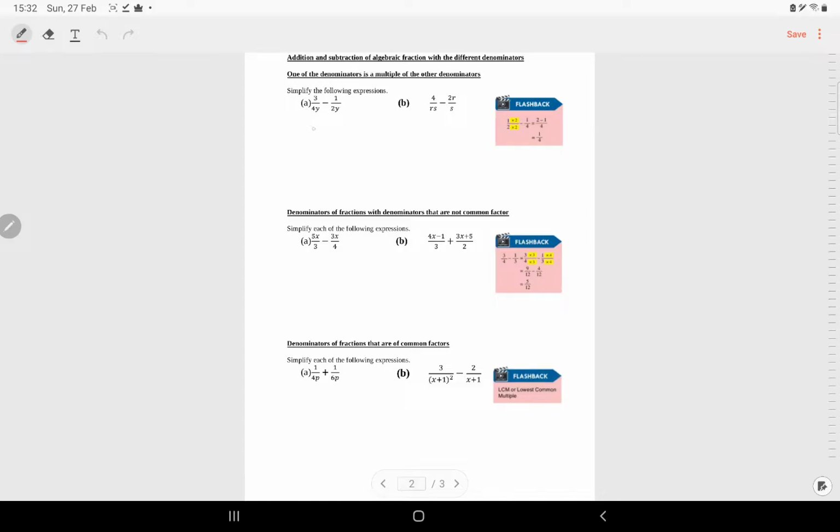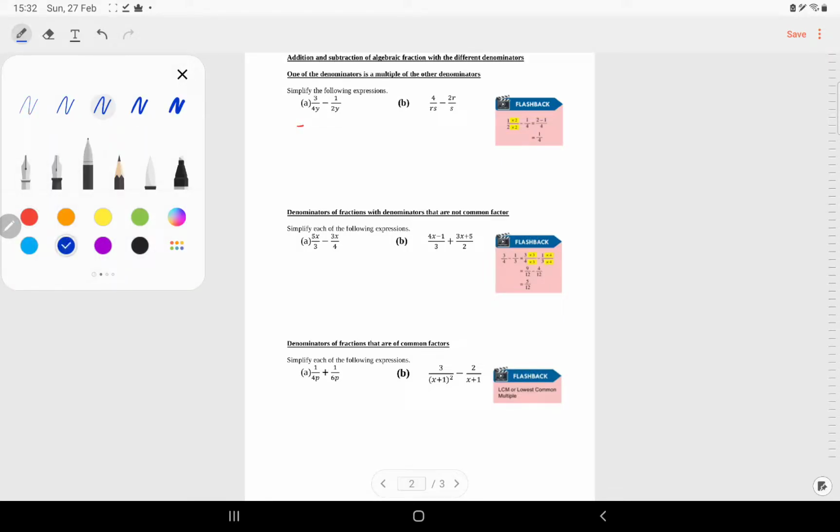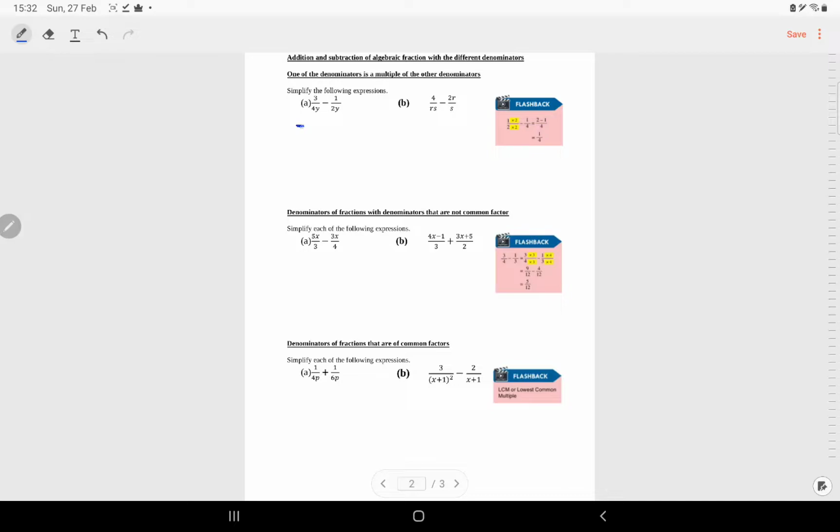So we have denominators of 4y and 2y. Notice that 4y is twice 2y, so they are a multiple of each other. So we can make the same common denominator. The common denominator will be 4y. We take the bigger one here, 4y.